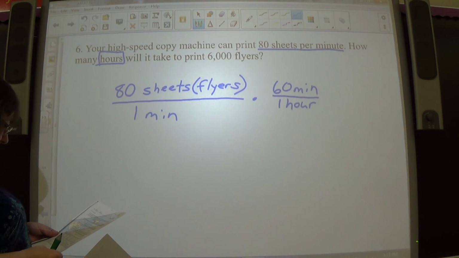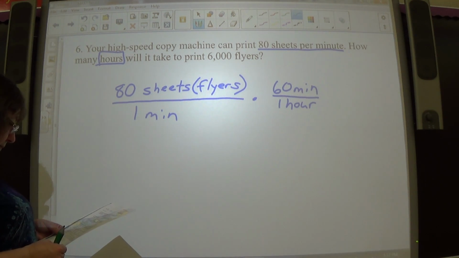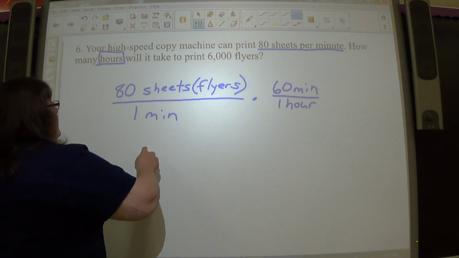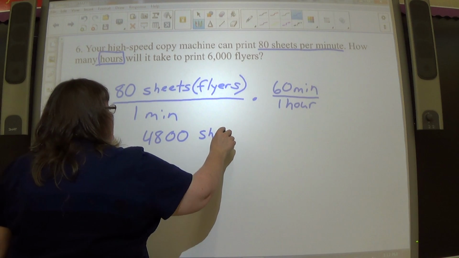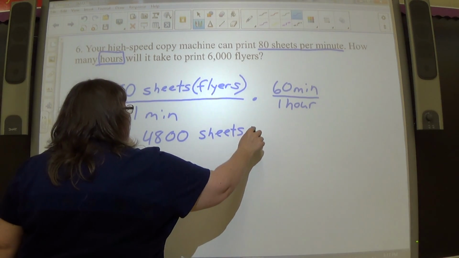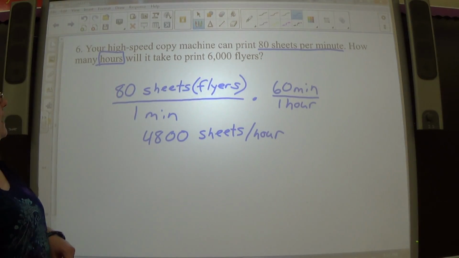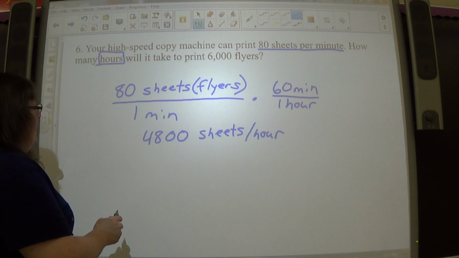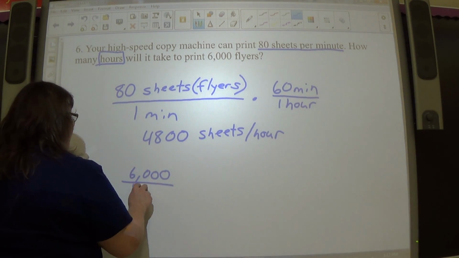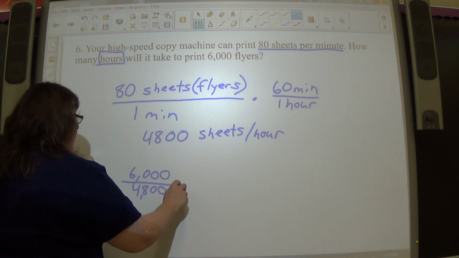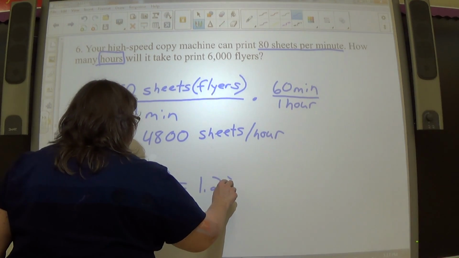So, when you multiply that, you get 4,800 sheets per hour, okay? But I have 6,000 flyers. So now I have to go 6,000 divided by 4,800, okay? When you do that, you get 1.25.